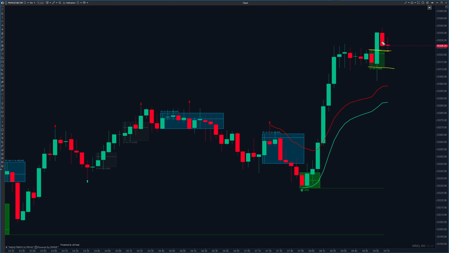It's potential until you have at least one candle outside the range of the price action of the order block. And as soon as this candle closed, we got this order block. It's potential support, but it's weak. It's weak because this candle is negative.